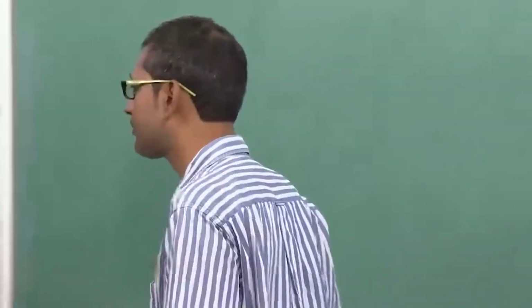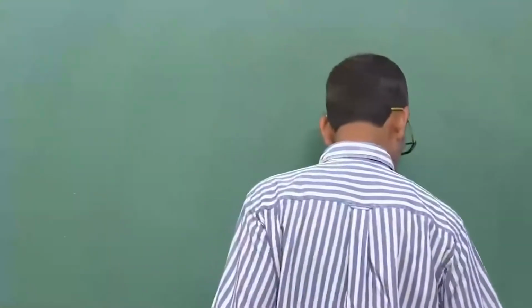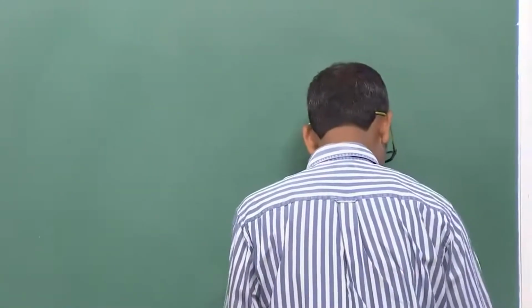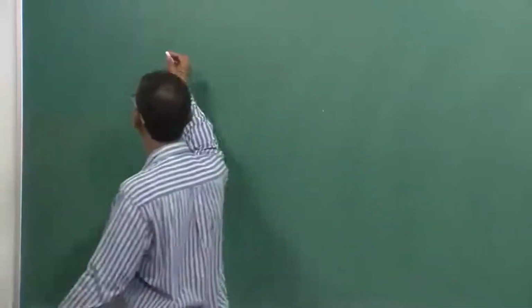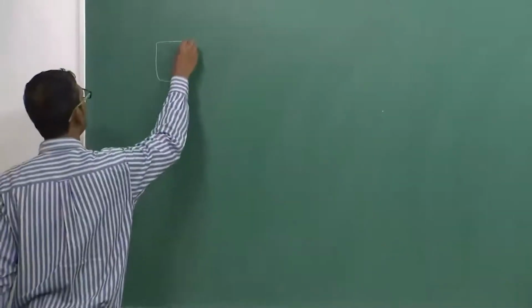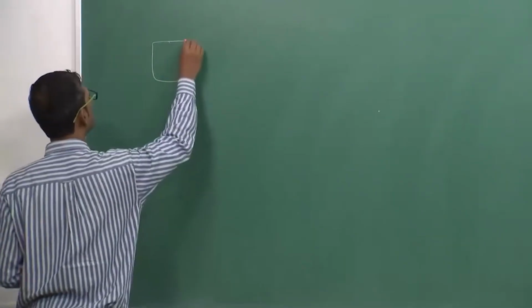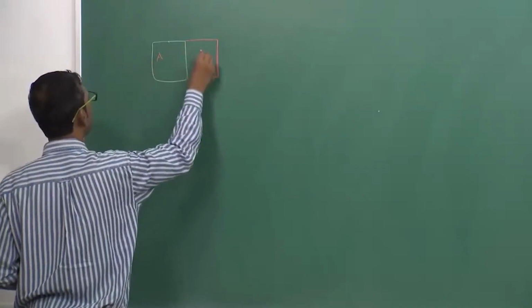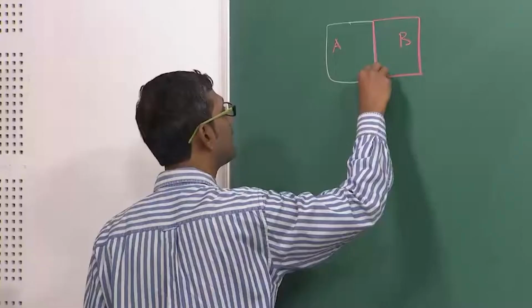Let us suppose I just take two pieces of metal, okay, or two pieces of alloy actually. Okay, let me check for two color chalks, otherwise it will be difficult for you to see it. So, if I take two pieces of alloy, one piece is like this and the other piece is like that. Okay. So, let us suppose this is A, this is B, and this is welded here.